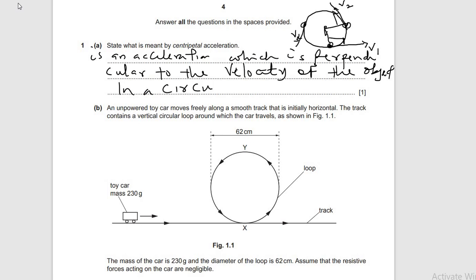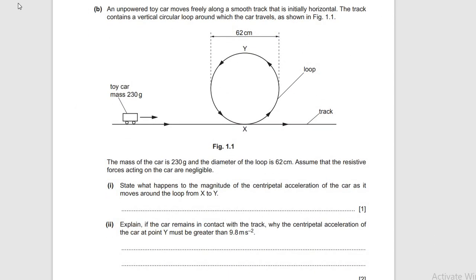You need to be very careful and clear at the same time. Centripetal acceleration is an acceleration which is perpendicular to the velocity of the object in a circular path. That's it. Now the next part.